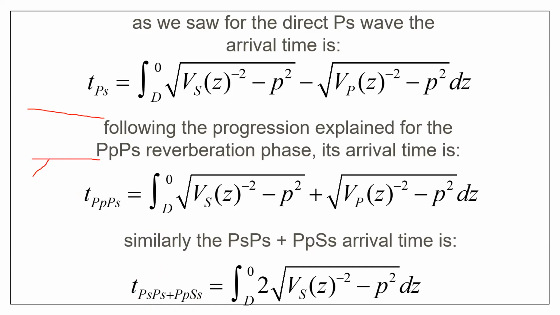This has traveled as a P phase into this velocity layer, and then reflected back as an S wave like this, and then again reflected back as an S wave. So this is your PPSS phase. So here you have 2S and 1P in the layer.